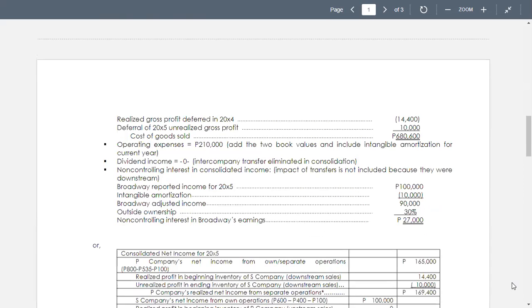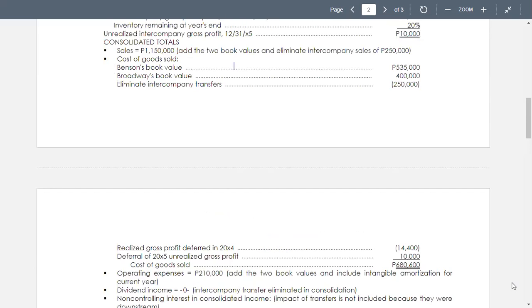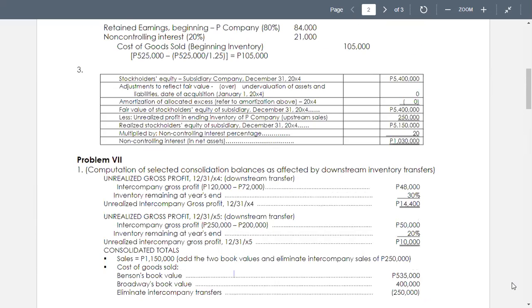The realized gross profit deferred in 20x4 is 14,400. And then, deferral of 20x5, unrealized gross profit. So we have the difference of 680,600. So you are now adding 535,000 and 400,000. So you get 935,000 where you have to deduct 250,000.